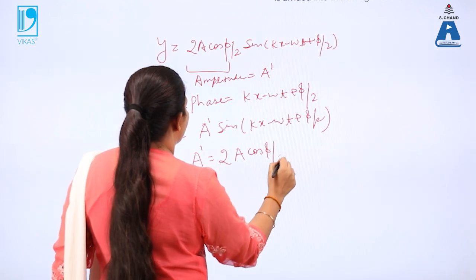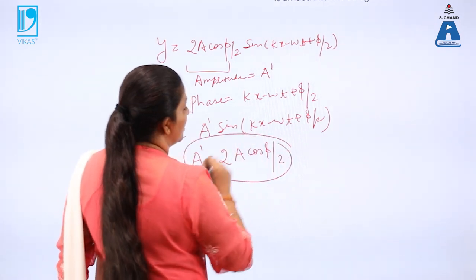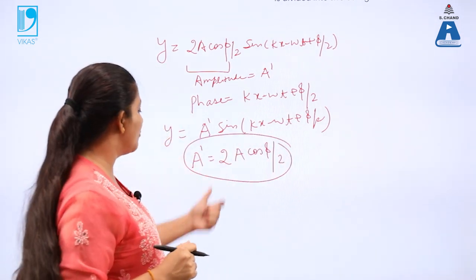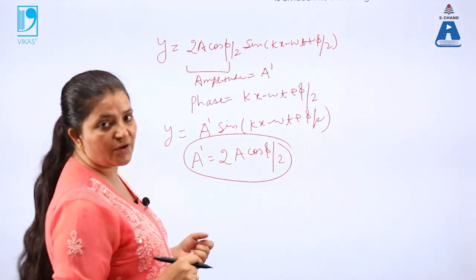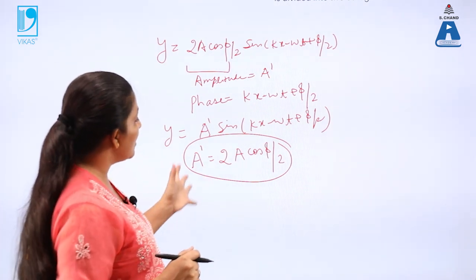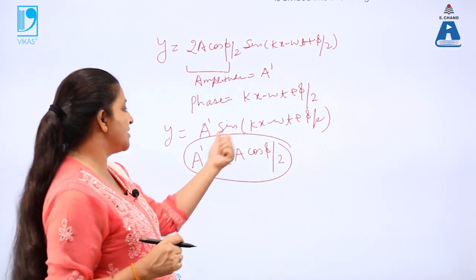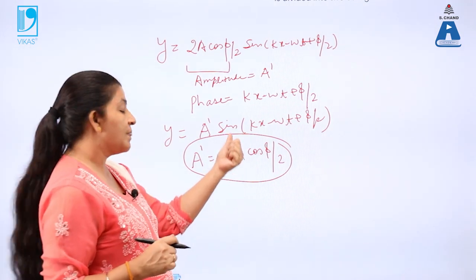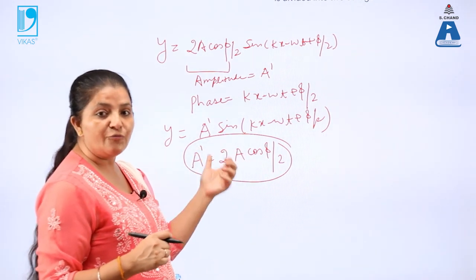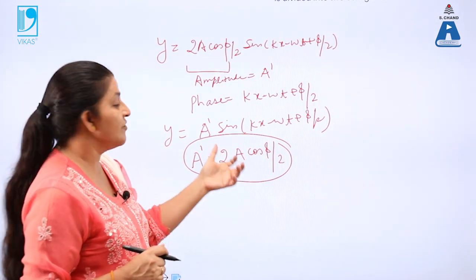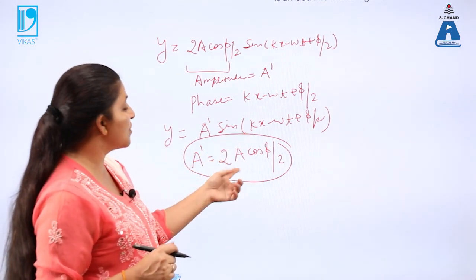So this will give us the amplitude of the resultant wave. This is the amplitude of the wave that is constant over here. Initially the amplitude is a. That means in the resultant we are getting a wave with more amplitude.